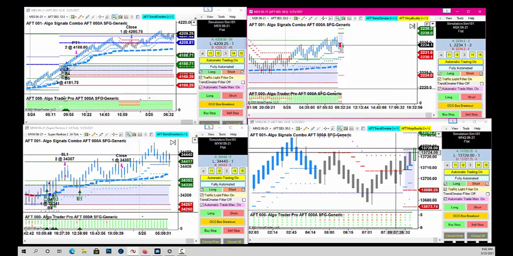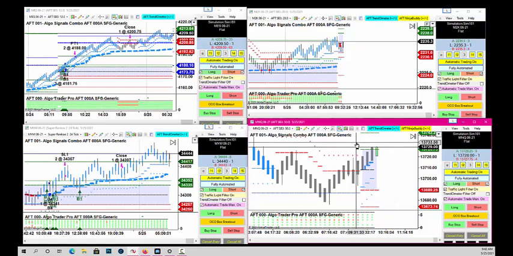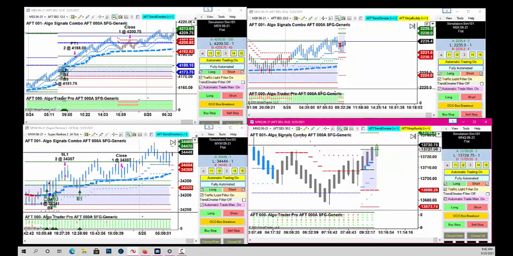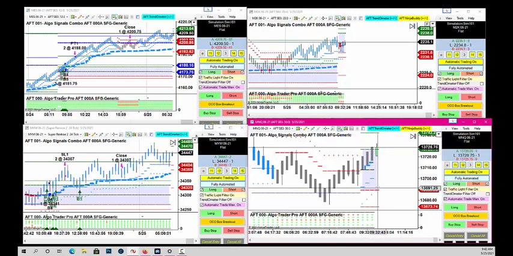Your micro ES and your micro Dow are just getting going here. So you see the NQ starting to push the top of its no trade zone. But if we look at the traffic light filter, we're not all green yet.